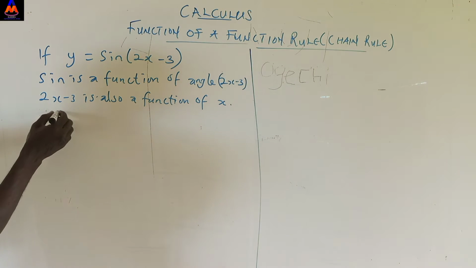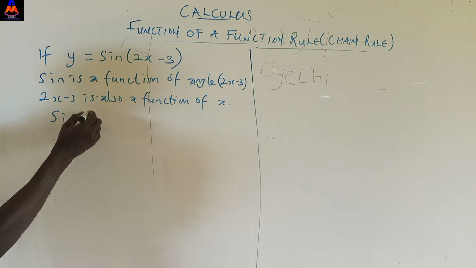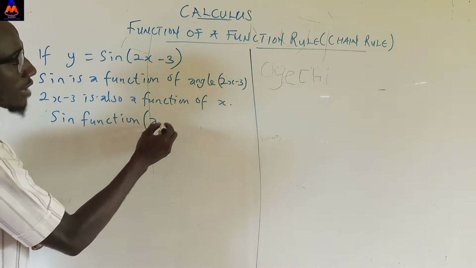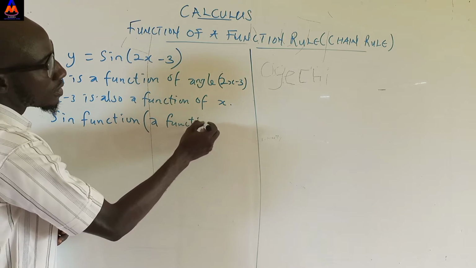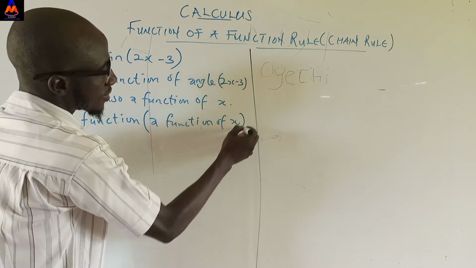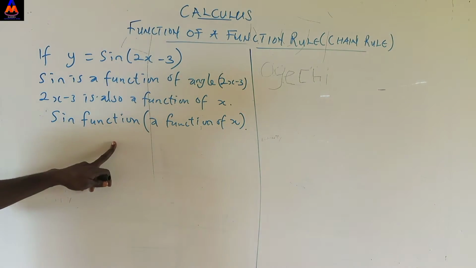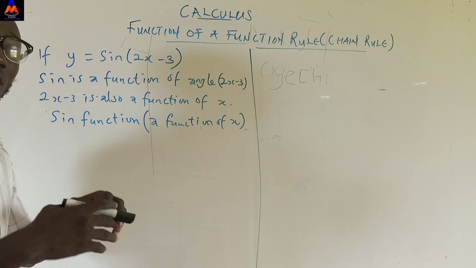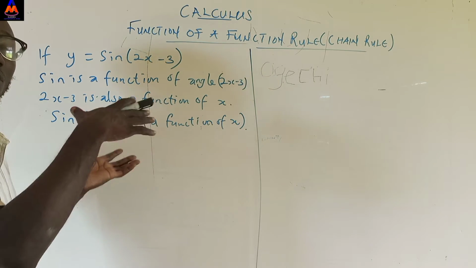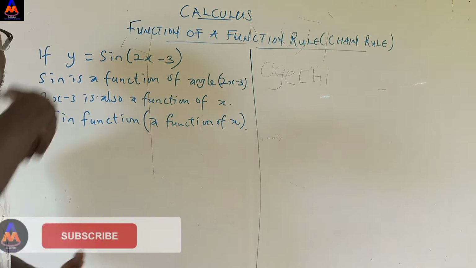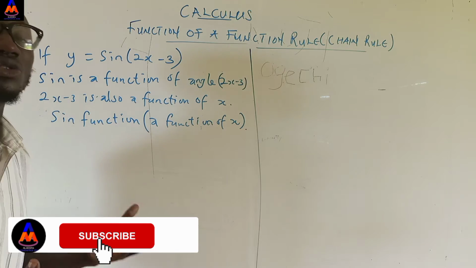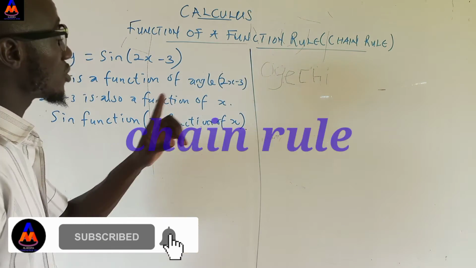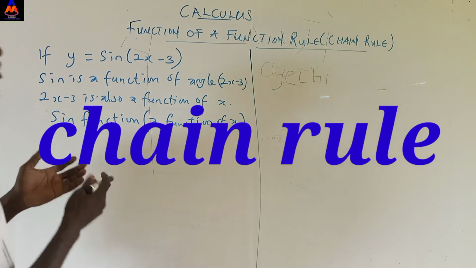So we can say that sine is a function of another function of x. So when we are talking of a function of a function, we are talking of a composite function, a function that has in it another function. So the rule that we use in looking for the derivative of this type of question is called the chain rule. So let's try to solve this.